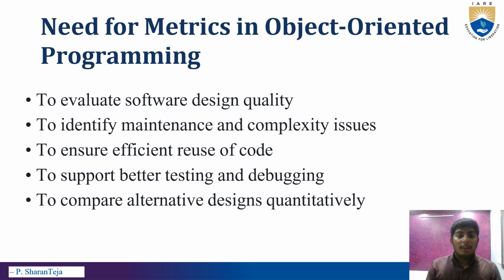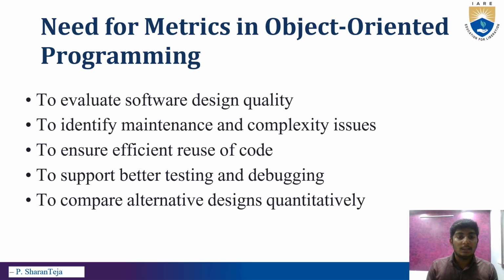Need for metrics in object-oriented systems. Why do we need metrics? As projects grow, it becomes impossible to rely only on intuition or code review. For instance, if a class has too many methods, maybe it's doing too much and violating the single responsibility principle. A high coupling value might mean the code is tightly connected and making changes is risky. Low cohesion could suggest a poorly designed class.